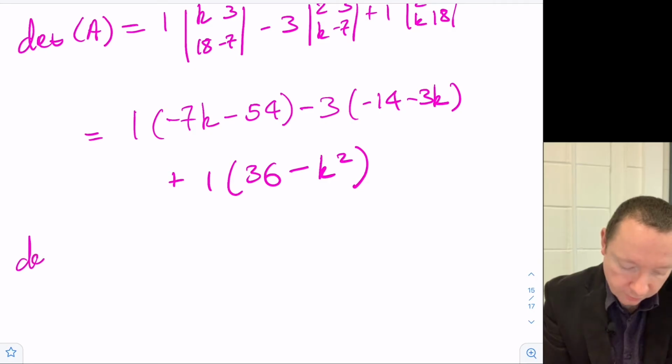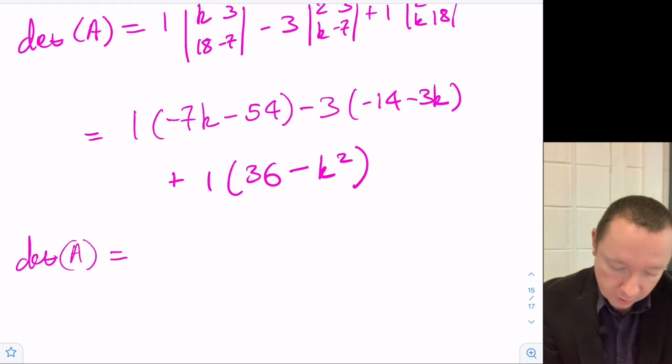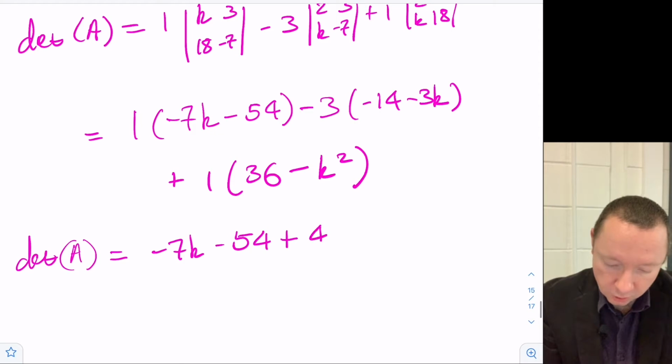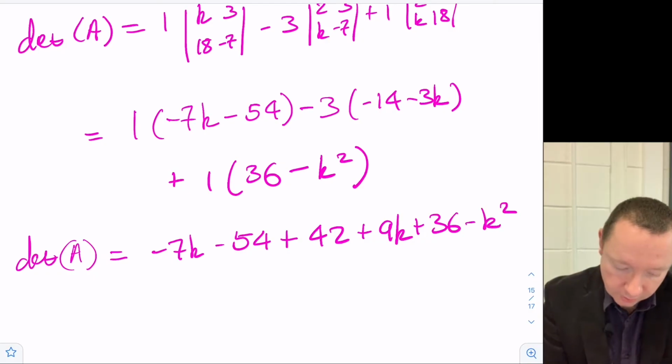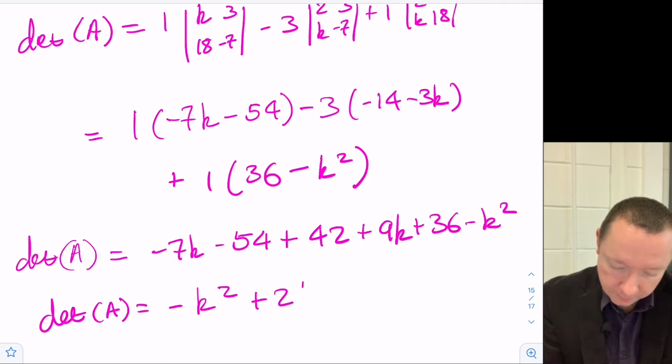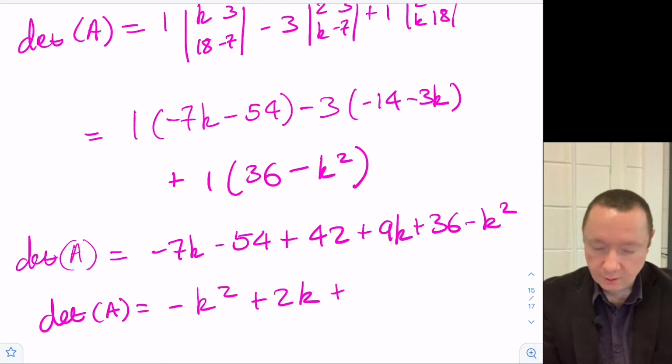So the determinant of A must equal, let's just tidy this one up. You've got -7k - 54 + 42 + 9k + 36 - k². So the determinant of A equals -k² + 2k + 24.